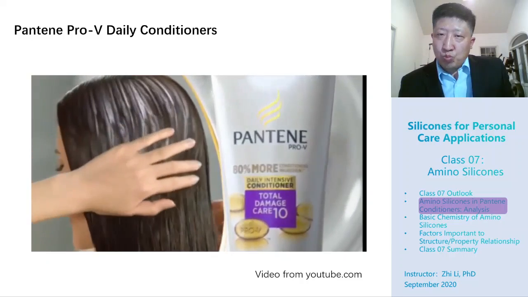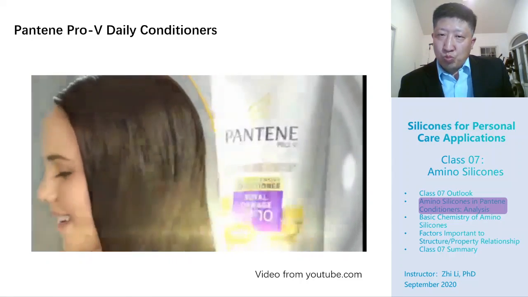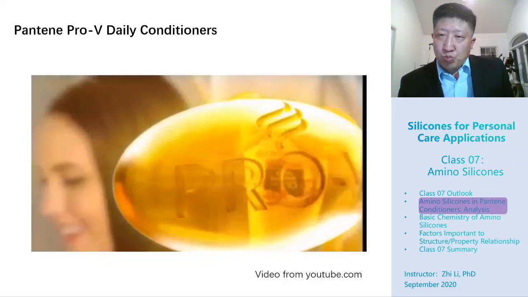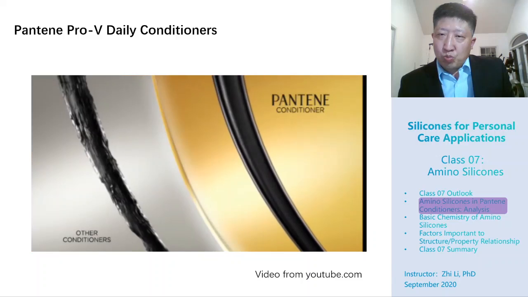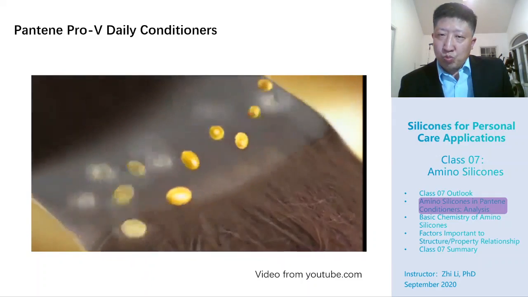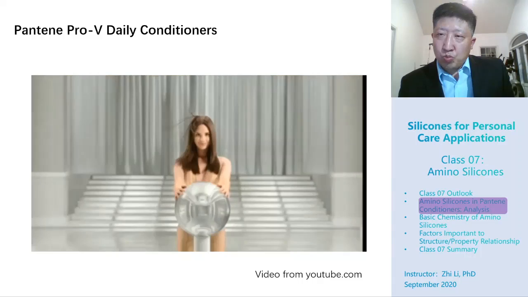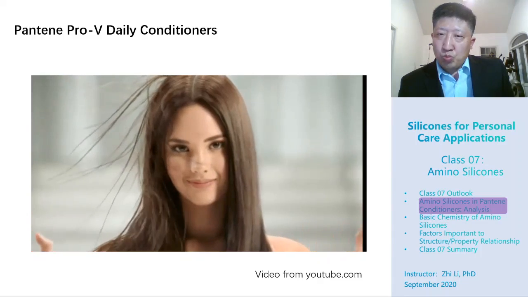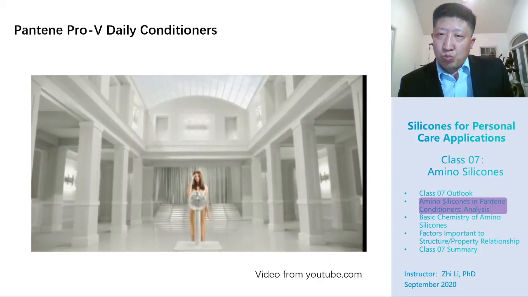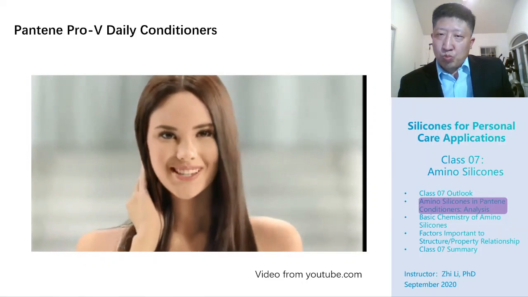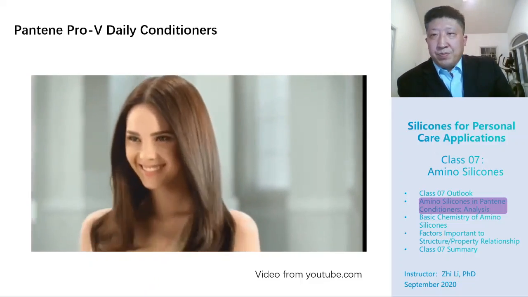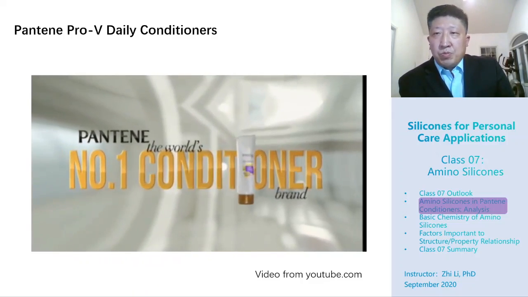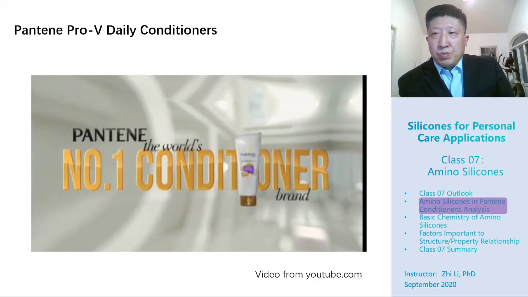We used it to nourish only this side of her hair. Its smart Pro-V formula helps find and repair damaged spots other conditioners cannot, making hair stronger, shinier, inside out. No camera tricks, no special effects. Just pure science. See the difference the world's #1 conditioner brand can make. Pantene Daily Intensive Conditioner.